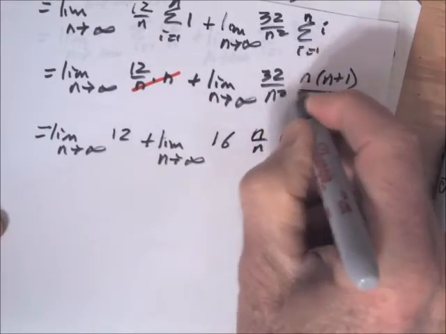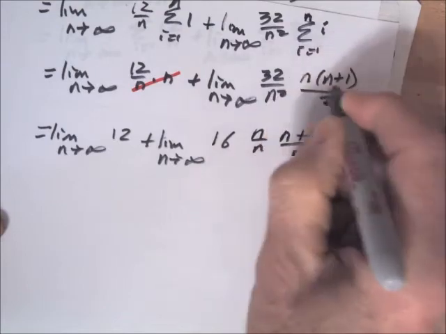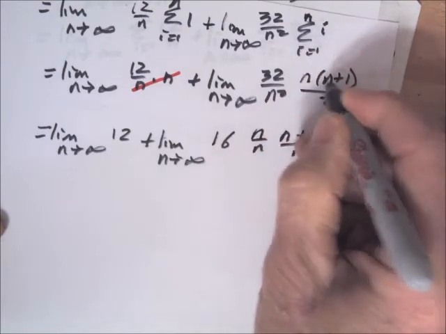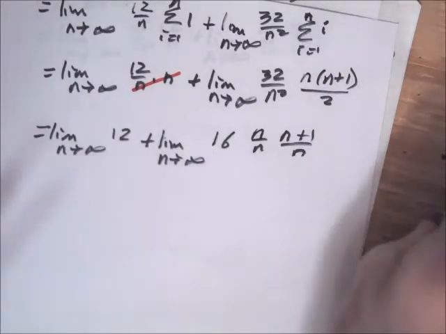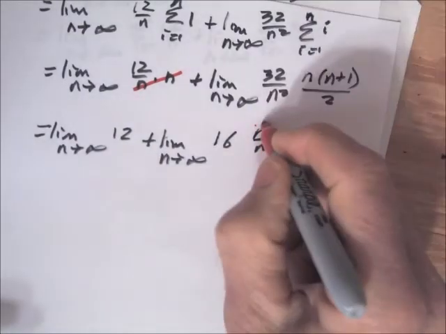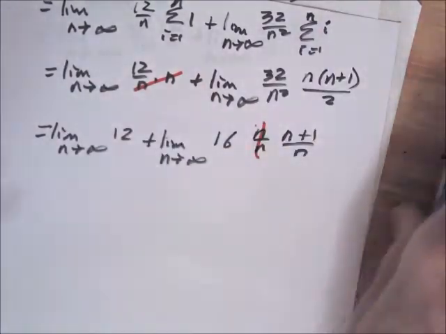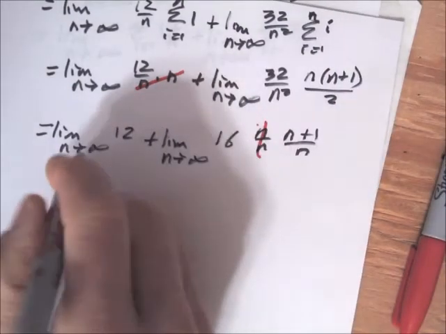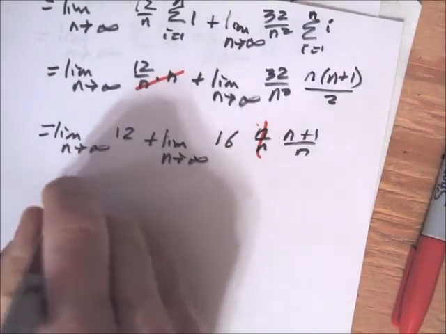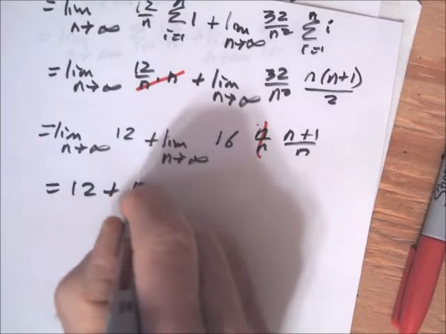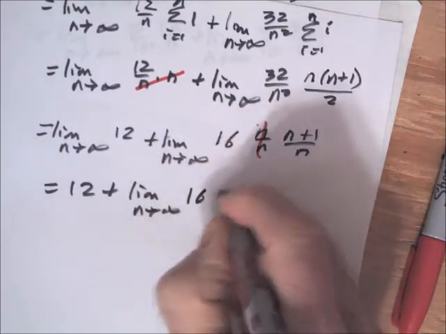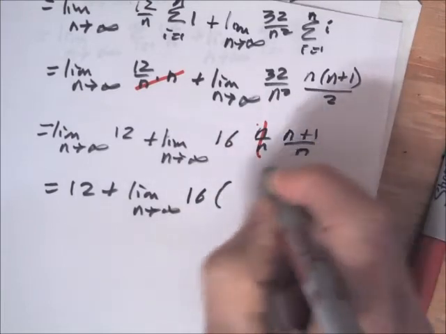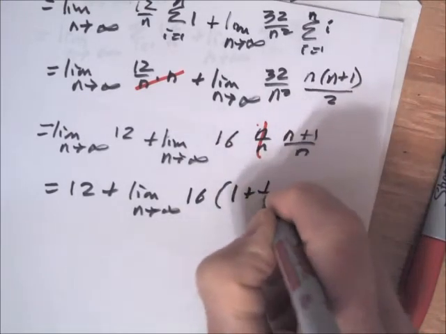So I'm splitting up the n squared into two pieces, and n divided by n cancels. The limit of a constant is just that constant. So the limit as n goes to infinity of 12 is 12. And we can write this as 16. If we distribute the denominator here, this is 1 plus 1 over n.